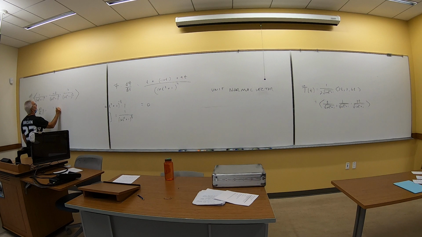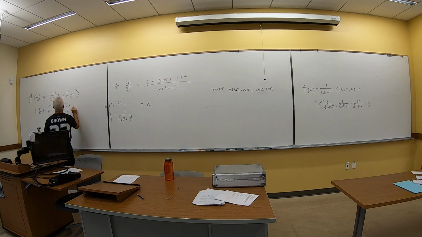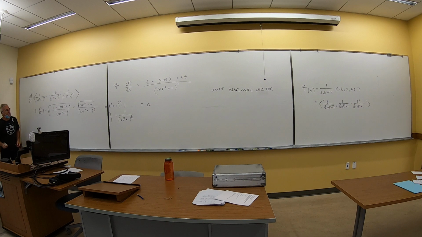So I'd have 1 plus 100t squared plus 9 all over (10t squared plus 1) cubed under the square root, which would be the square root of 100t squared plus 10 over 10t squared plus 1. I'm going to write it to the 3/2 because it was under a square root.